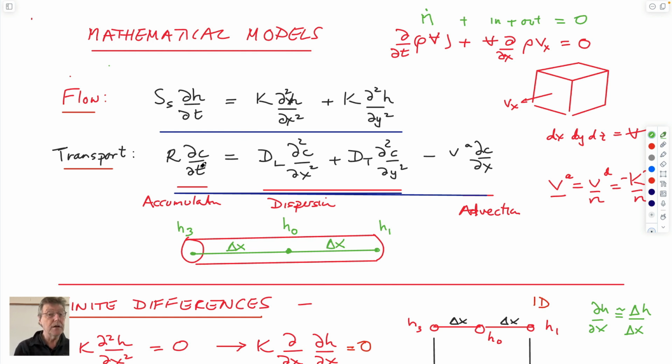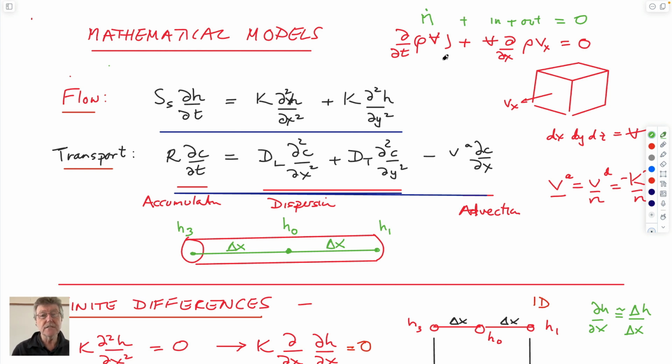The transport equation comes from exactly the same equation, except now the quantity that you're conserving is not mass of water, which it is in here, but dissolved mass in water that is moving downstream. So these are the two expressions that we want, and they come directly from understanding conservation of mass.